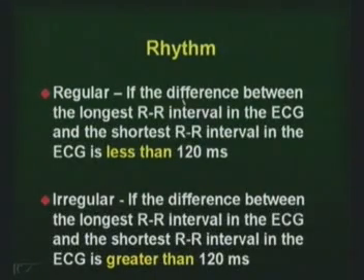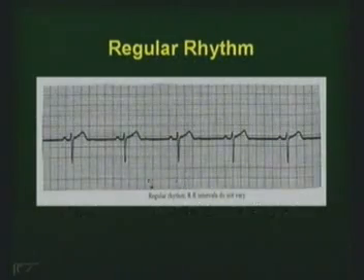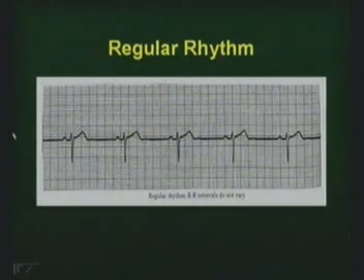Regular rhythm is when the difference between the longest RR and the shortest RR is less than 120 milliseconds. Mind you, there is a little variation between RR intervals in a regular rhythm, but that variation should be less than 120 milliseconds. When the variation is more than that, it is called irregular. As I said, we are not going to handle the arrhythmias here, and probably will get a chance at some later time to talk about arrhythmia; it is a complete topic in itself.